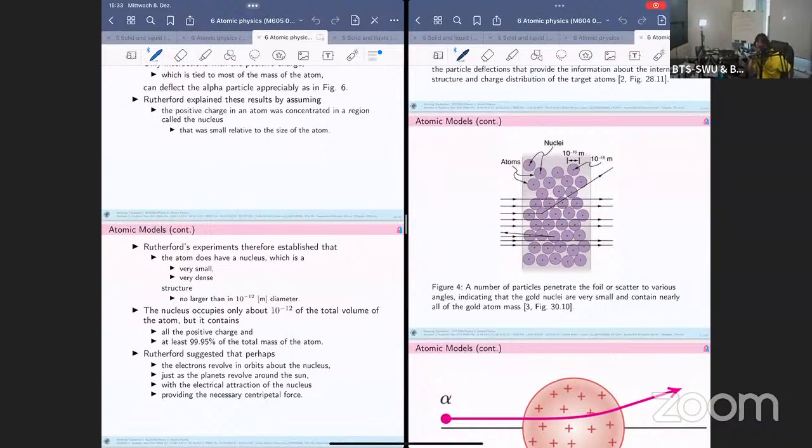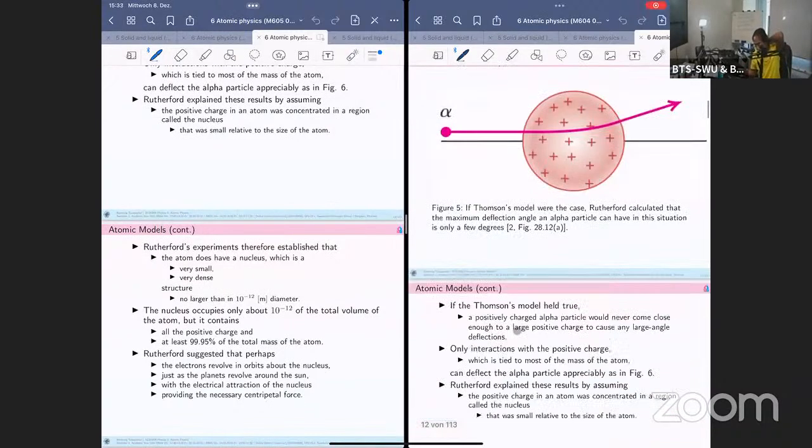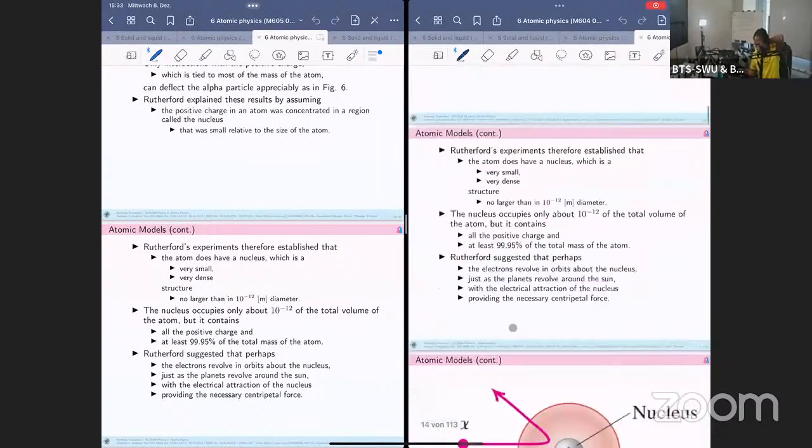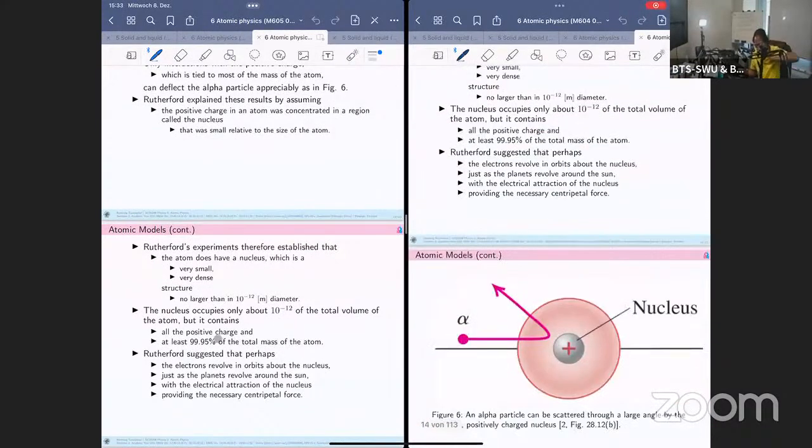Rutherford suggests that perhaps the electrons revolve in orbits about the nucleus, just as the planets revolve around the sun, with the electric attraction of the nucleus providing the necessary centripetal force. When you have rotation around the nucleus, there will be centripetal force.